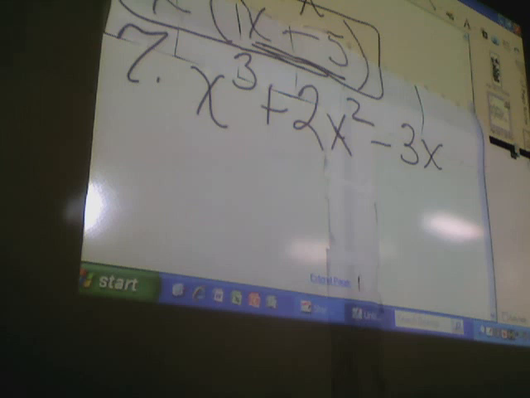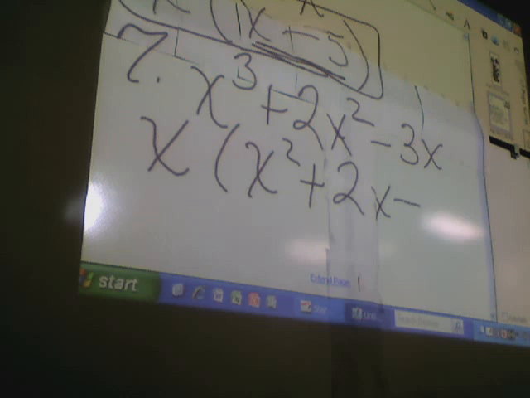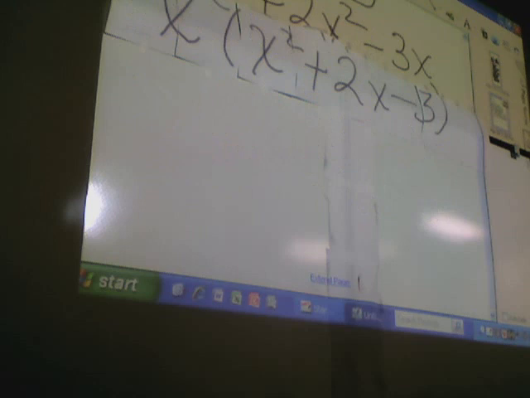A number or no? No number, okay. So inside we need what? X squared plus 2x minus 3. Okay. Now can we factor the second part out? Can this factor?